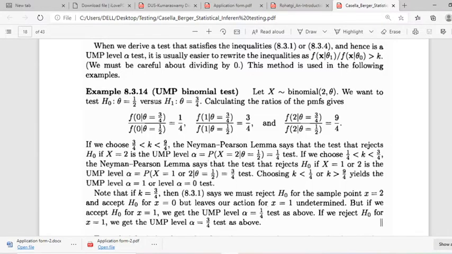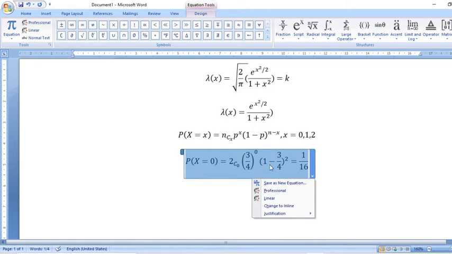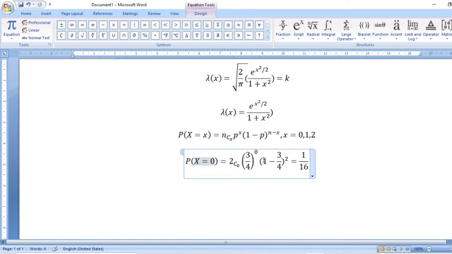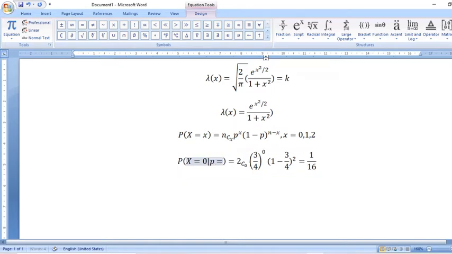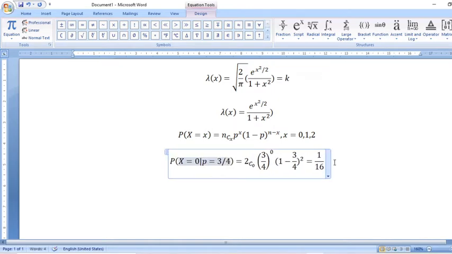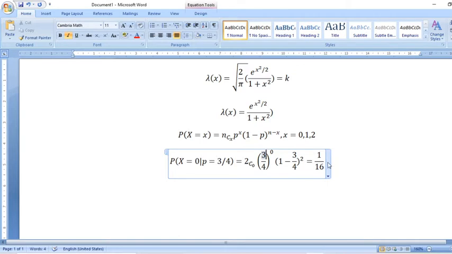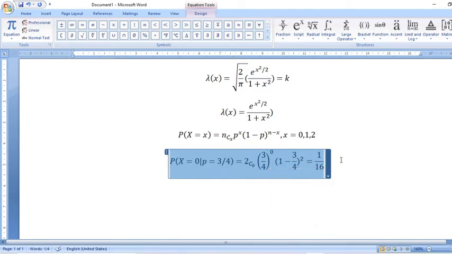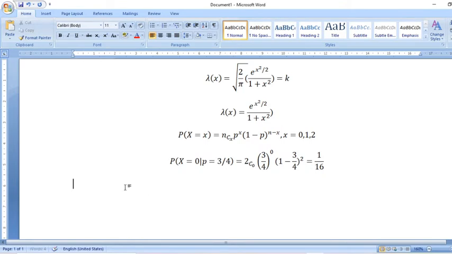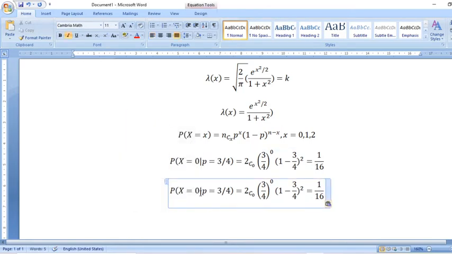Now what is f of 0 comma 1 by 2? What happens when p is equal to 1 by 2?